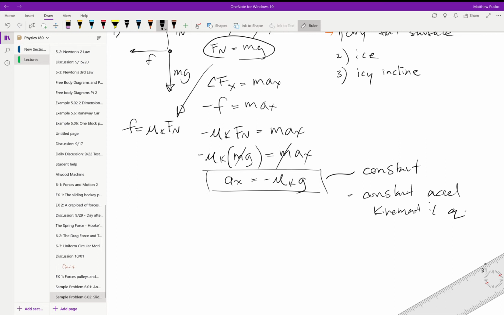Right now, we have the acceleration due to gravity, that's a number, 9.81, and we have a coefficient of friction, which is just a number. It was 0.6 in this case. That gives us just a number back. It's not a function of time, it's not a function of position, it's not a function of anything, it's just a number. So you can use your constant kinematic equations for this.